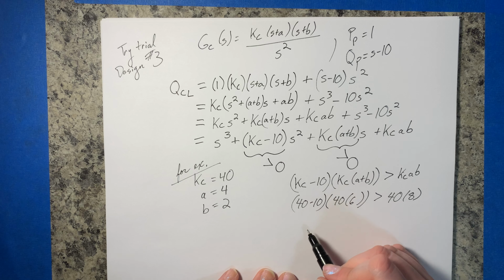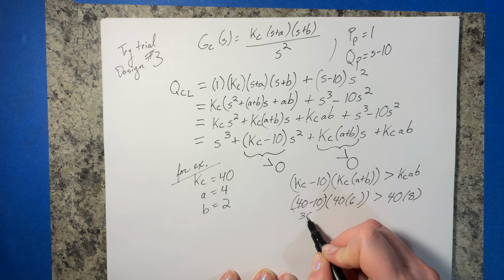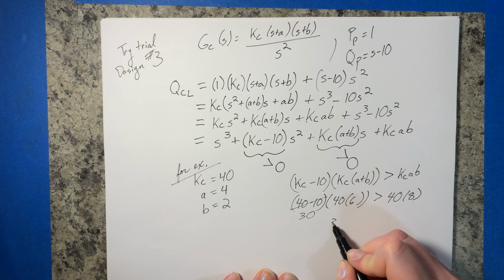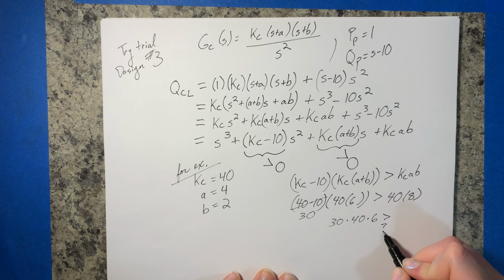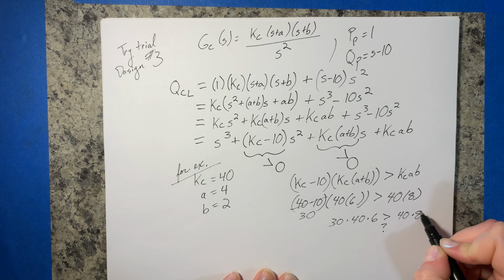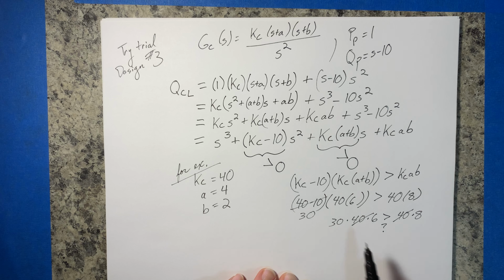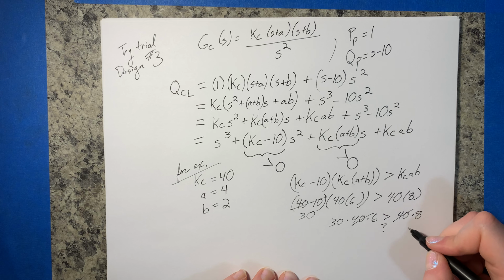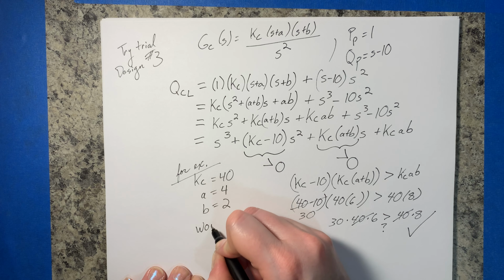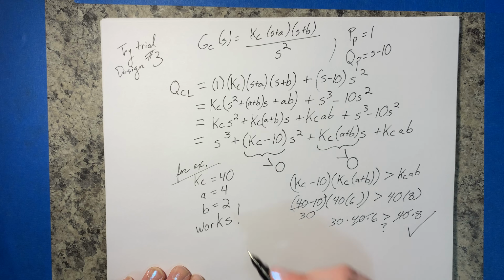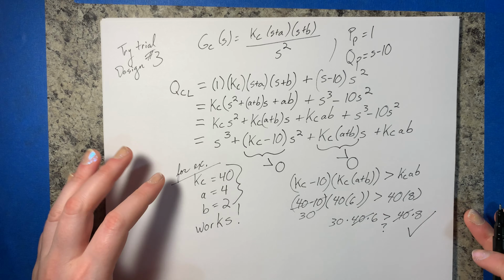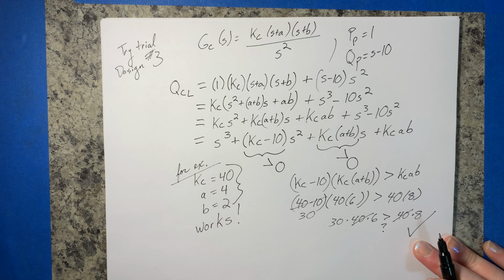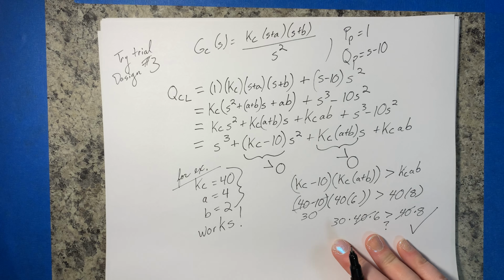Okay, and then this becomes 30, and so we're left with 30 times 40 times 6. Is that greater than 40 times 8? And then we can cancel the 40s on both sides. And I can say that, yeah, 30 times 6 is greater than 8. So that does work. So these values work. And if we just needed to choose by the necessary and sufficient conditions, then that should work. That's one example. There are many examples that work in that case.